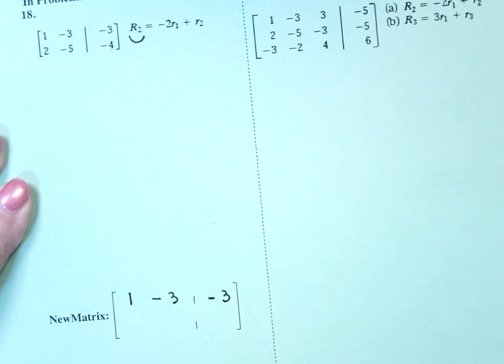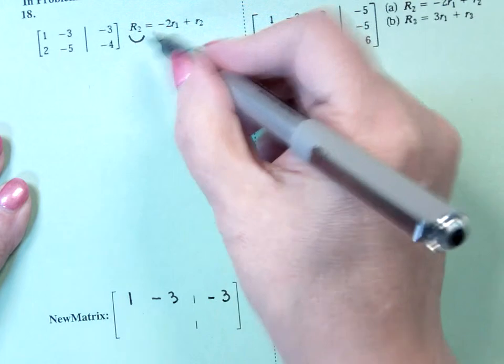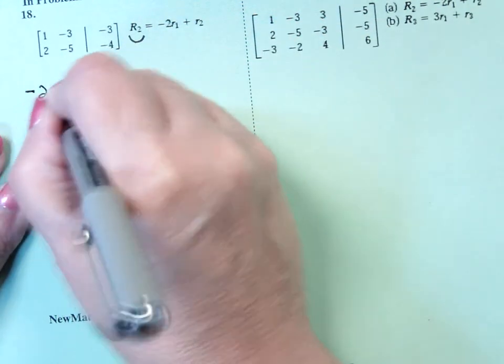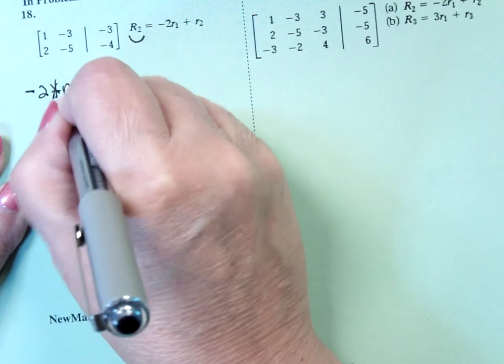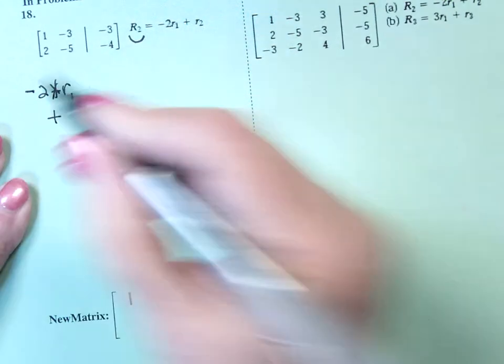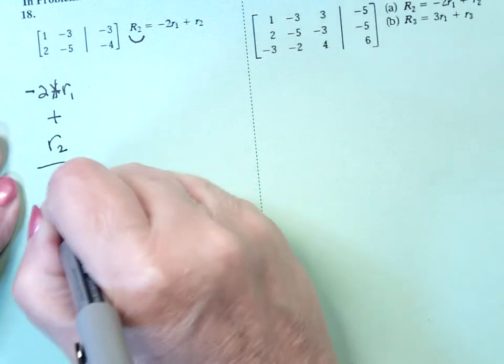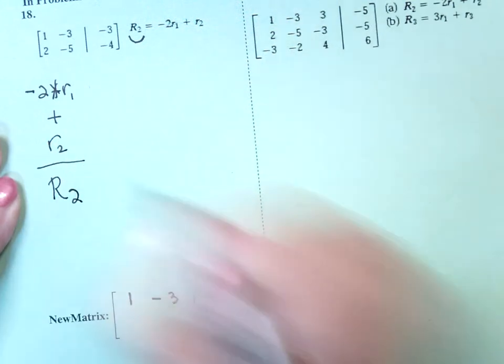So new matrix. Now that means that I'm replacing only row 2, which means that row 1 doesn't get replaced. So row 1 stays, and what does it want me to do? It wants me to take negative 2 times row 1, add it to the existing row 2, and give me a brand new row 2.